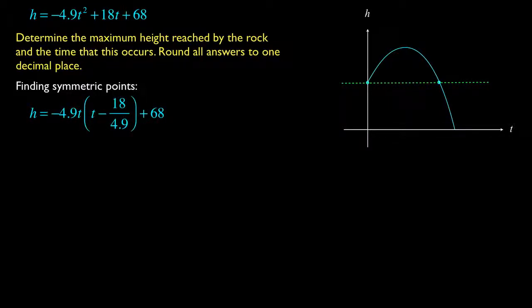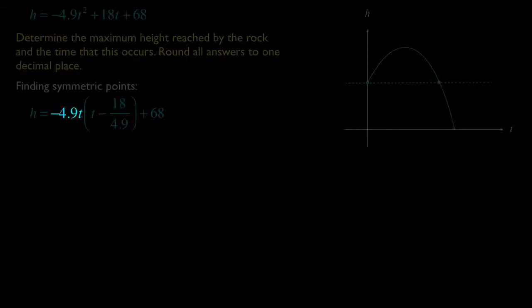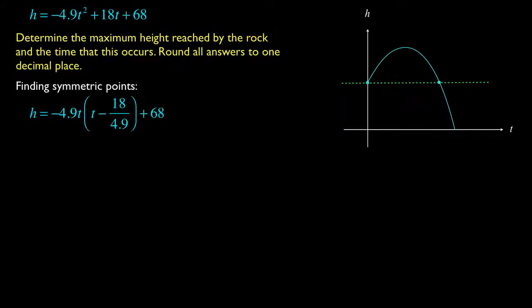I common factor out my negative 4.9t out of the negative 4.9t squared plus 18t. What I have left behind inside the brackets is 18 divided by 4.9. I'm not too worried about that because I can grab my calculator when I need to get that value.